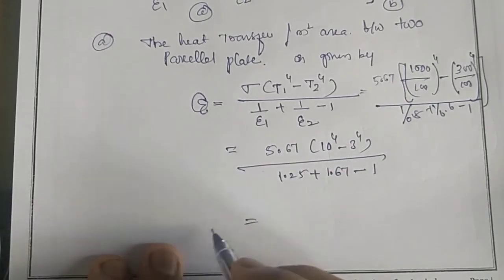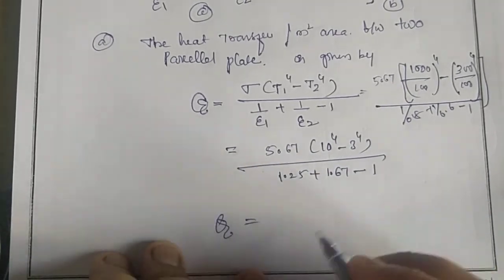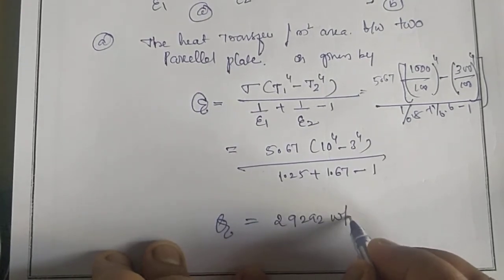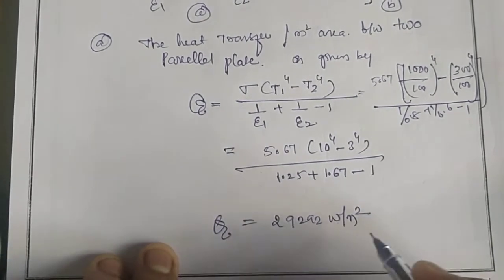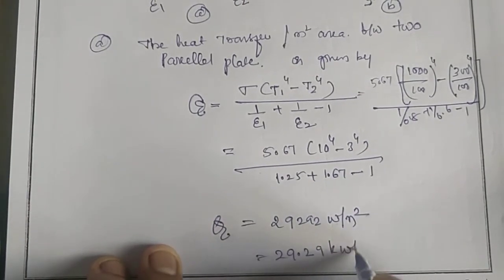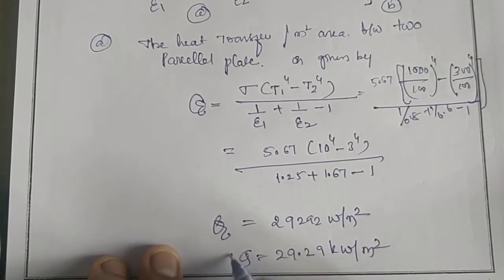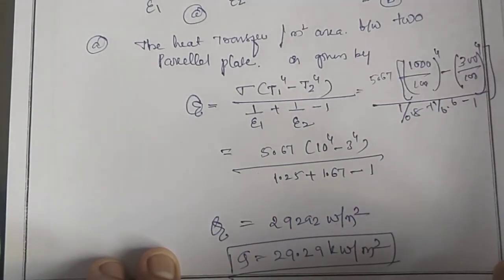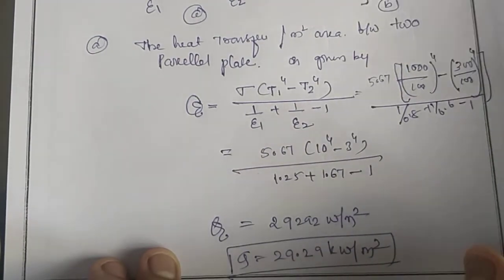After solving this, we get Q equal to 29292 watt per meter square, or 29.29 kilowatt per meter square. So this is the heat transfer between the two plates without shield.